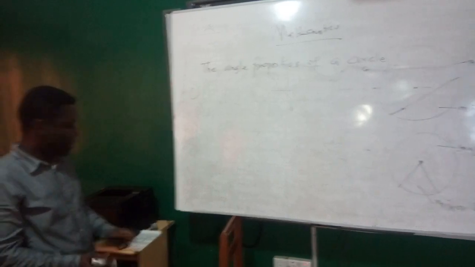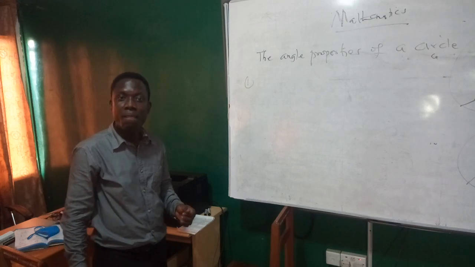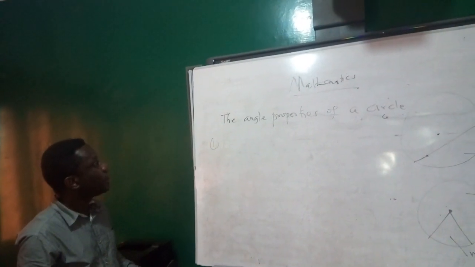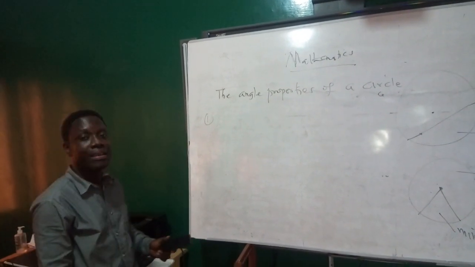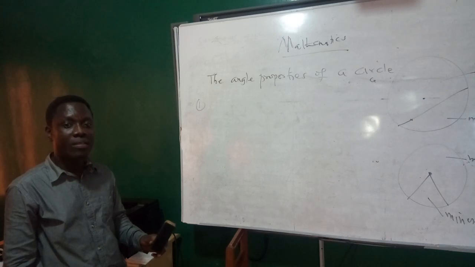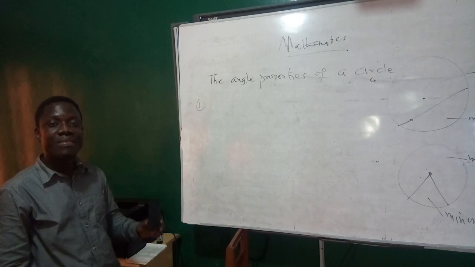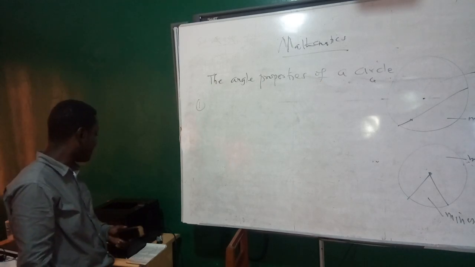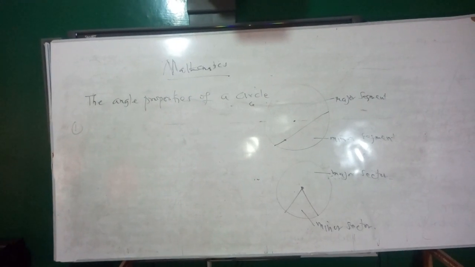It says: the angles a chord subtends at the circumference of a circle in the same segment are equal.